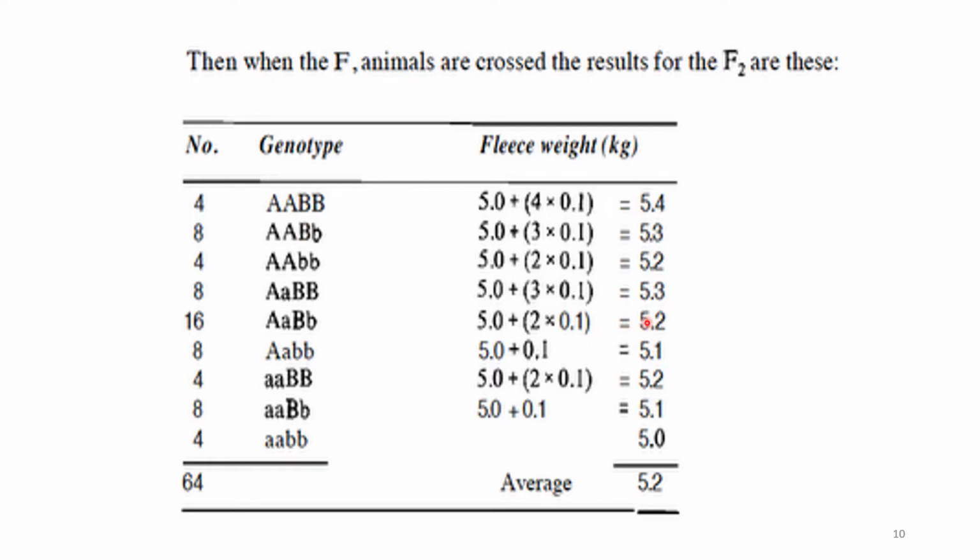So in this particular example, 64 animals were evaluated, and 4 of them had this genotype, 8 had this, 16 had this, 4 had this, and these were their calculated fleece weights. And when we took an average of the entire thing, we noticed an average of 5.2, which is similar to the phenotypic value of the F1.